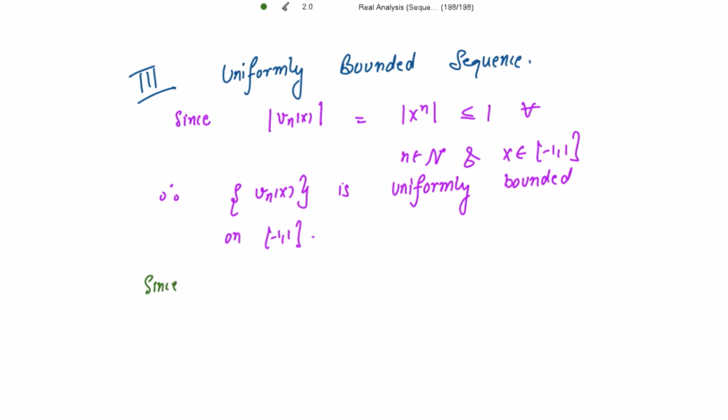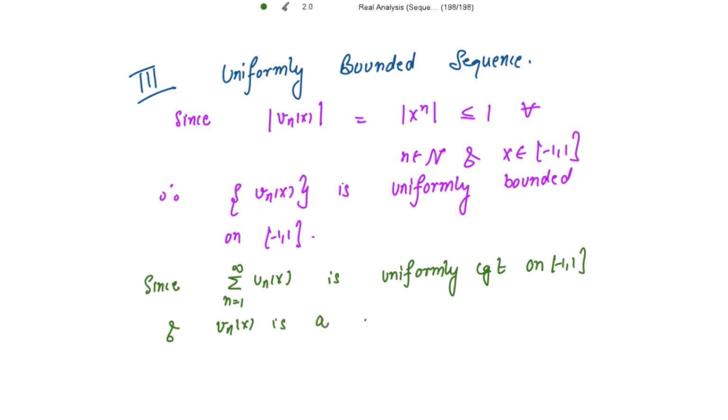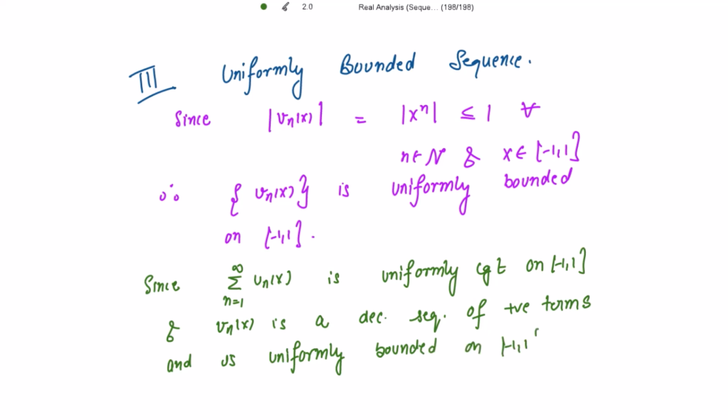Now since summation n going from 1 to infinity u_n(x) is uniformly convergent on closed interval -1 to 1, and v_n(x) is a decreasing sequence of positive terms, and is uniformly bounded on closed interval -1 to 1.